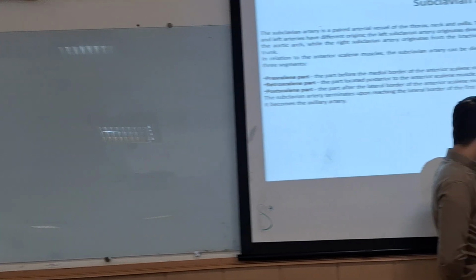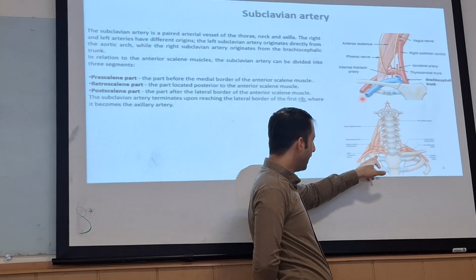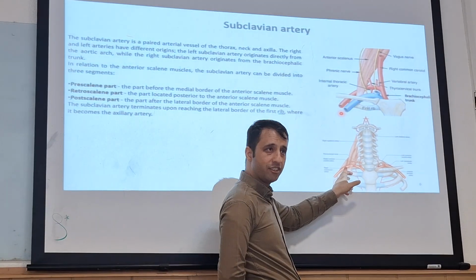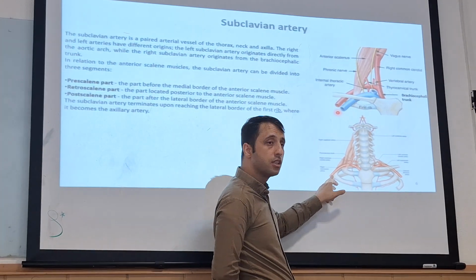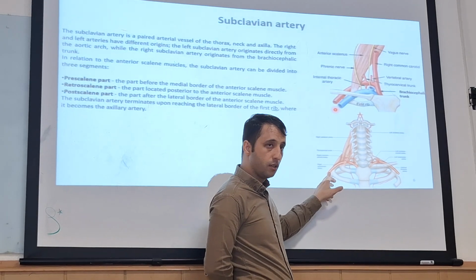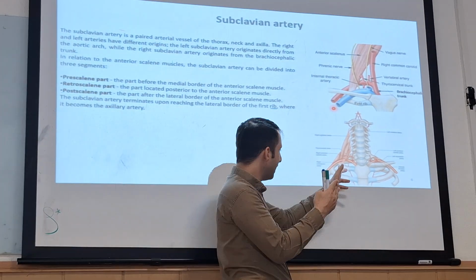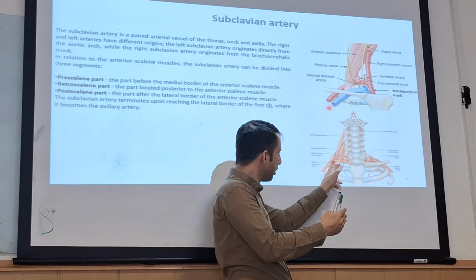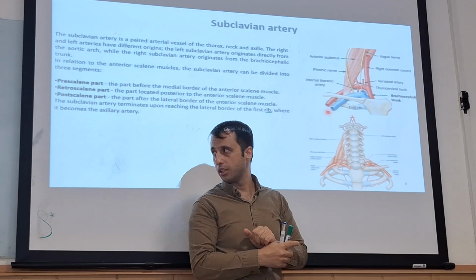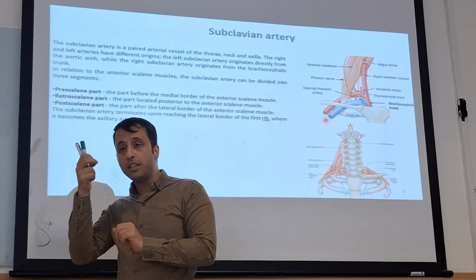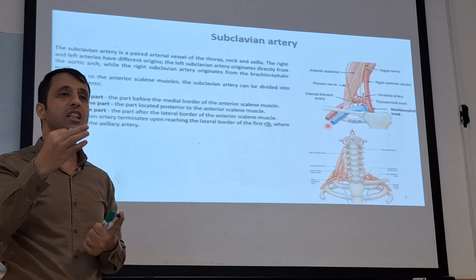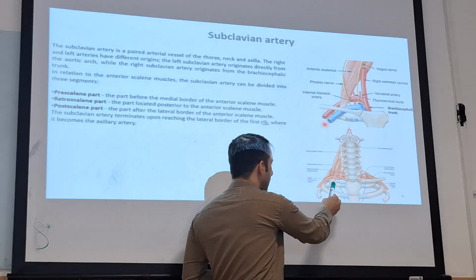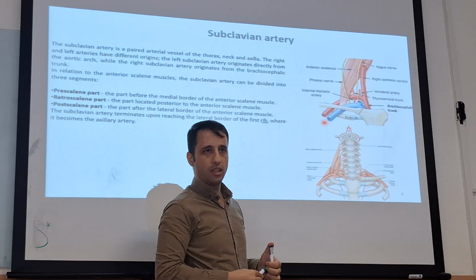When the subclavian artery travels laterally and arrives at the lateral border of the first rib, it becomes the axillary artery. The lateral border of the first rib separates the axillary artery from the subclavian artery. We divide the subclavian artery into three parts according to the anterior scalenus muscle.